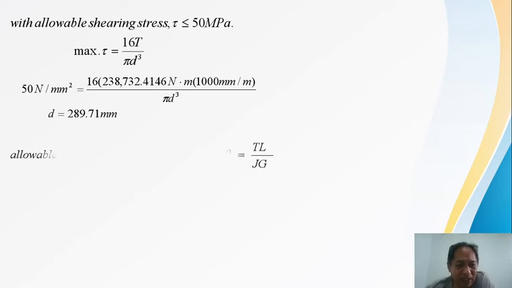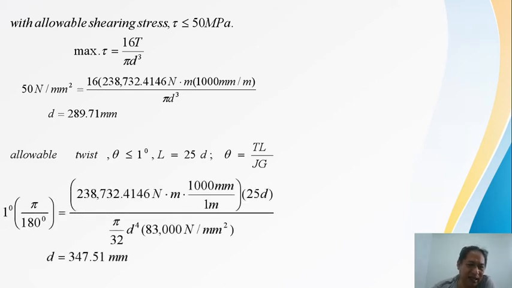The allowable twist, if considered, must be not more than 1 degree for a length of 25D. Okay? So, we consider the formula for twist. Theta equals T, L over J, and modulus of rigidity. Okay, so 1 degree converted to radian.